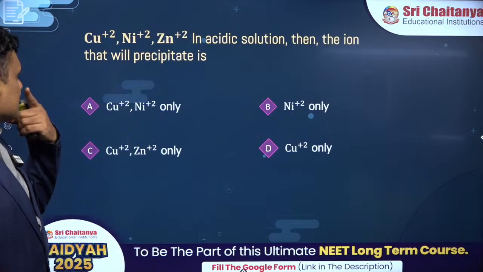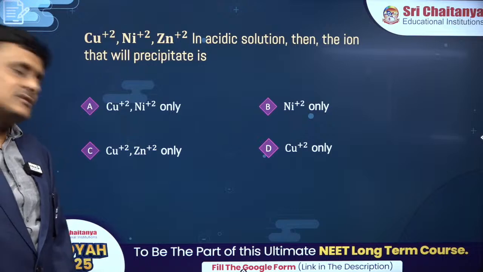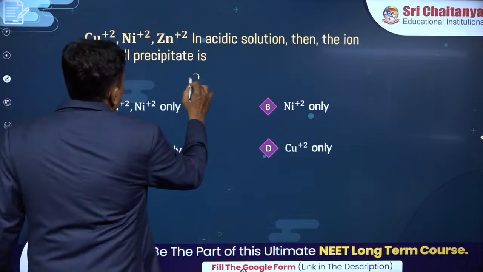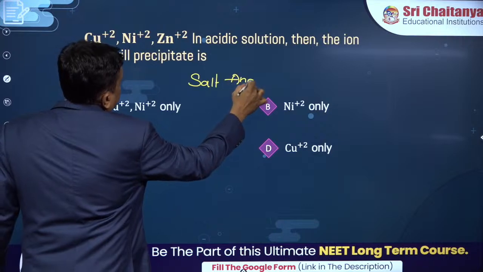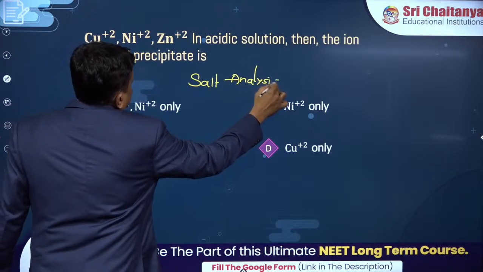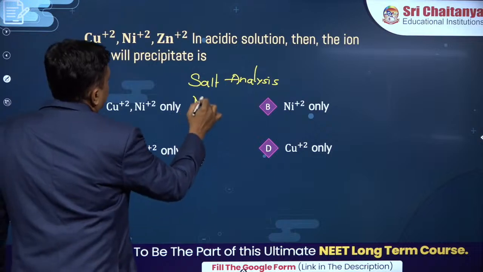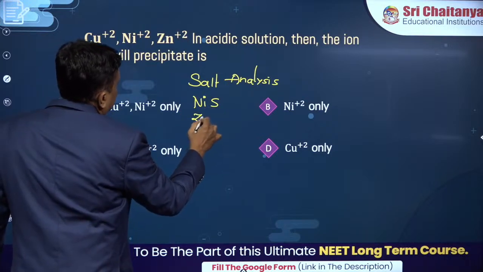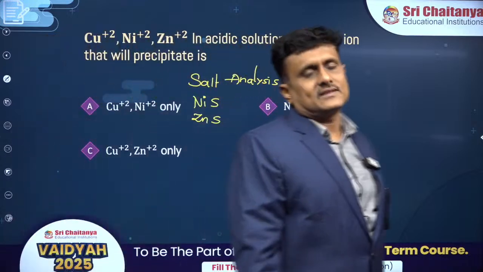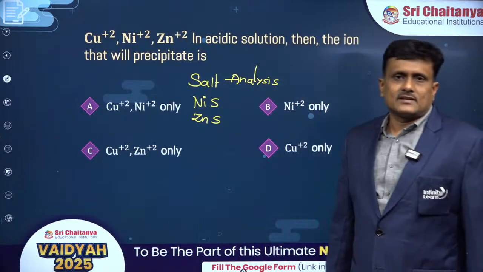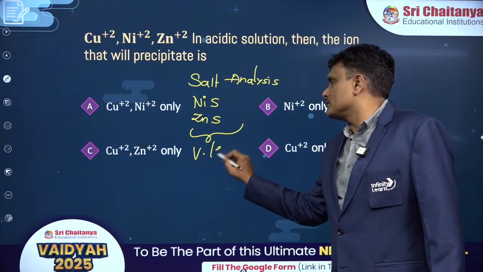Cu2+, Ni2+, Zn2+ in acidic solution, then the ion that is precipitated. You have studied salt analysis, in which you should know that the salts of Ni and Zn, which are precipitated in the form of their sulfides, are very less soluble in water.